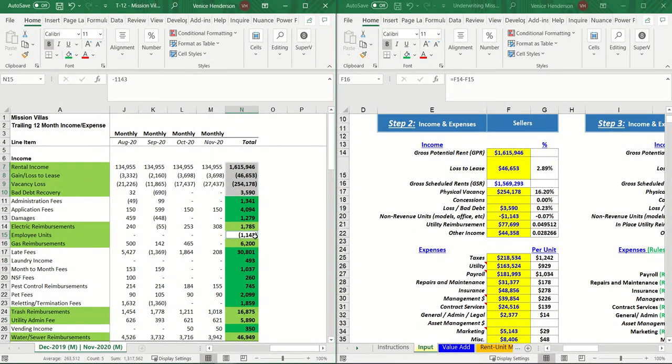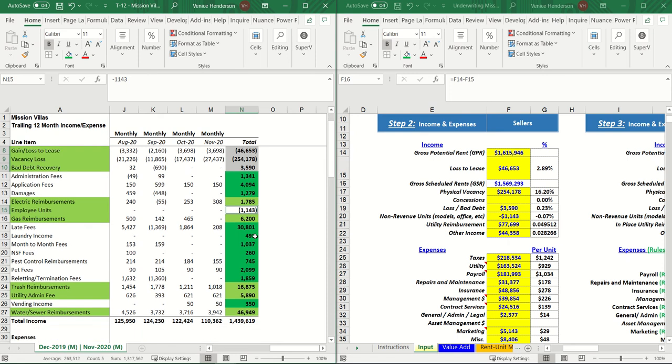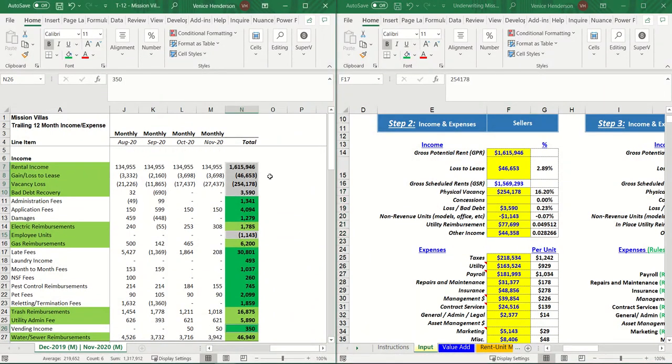Employee units. And vending income. 1317. All right, I have this. So let's use this, right?